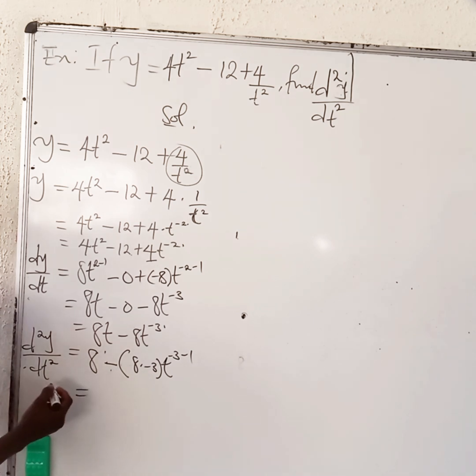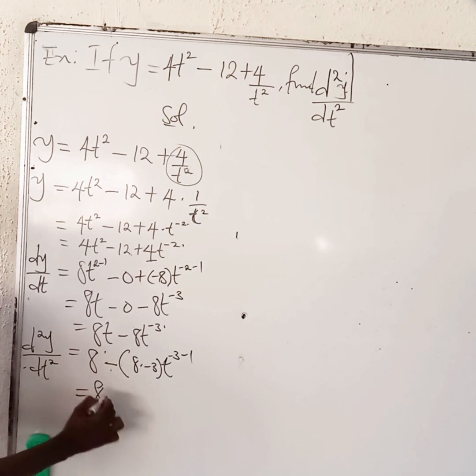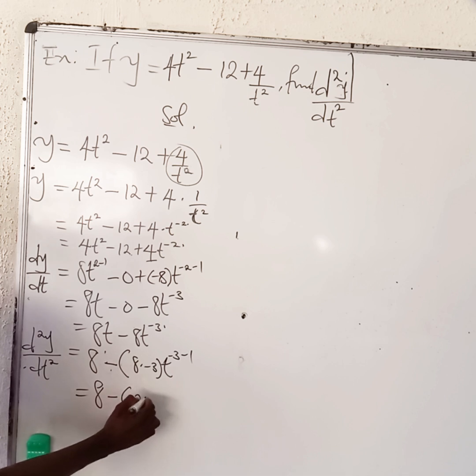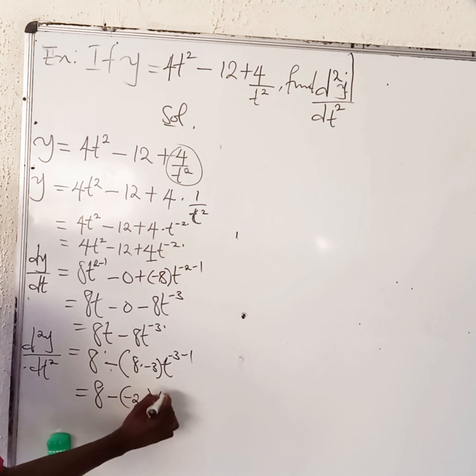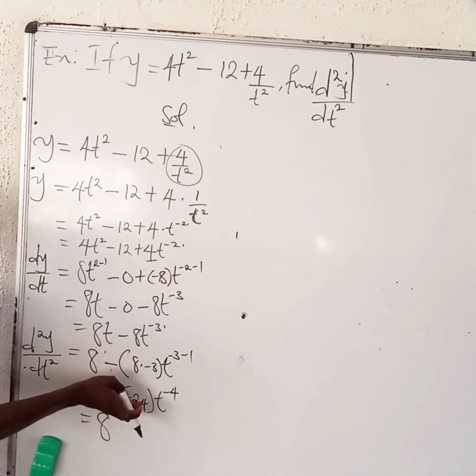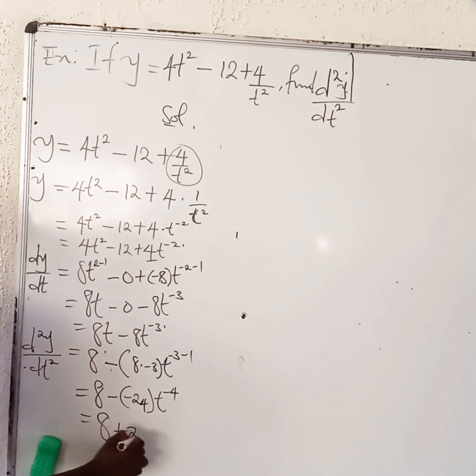So d square y over dt squared is going to be 8 minus, 8 times minus 3 is going to give you minus 24, close the bracket, into t raised to power minus 4. So your final answer is going to be 8 minus multiplied by minus, you are going to have plus 24t raised to power minus 4. So that is your answer.